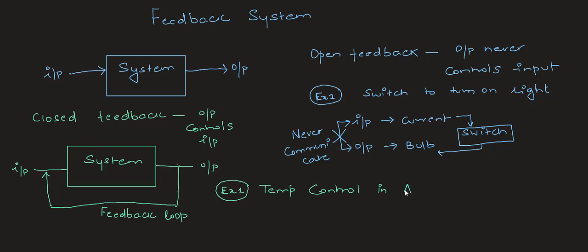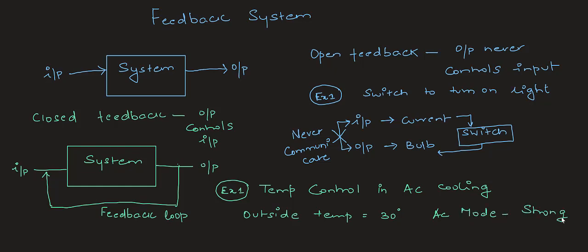A perfect example of a closed loop system is the temperature control in AC cooling. Let's say the outside environmental temperature is 30 degrees. Your AC will be in strong or turbo mode.